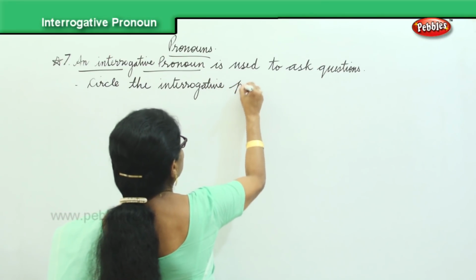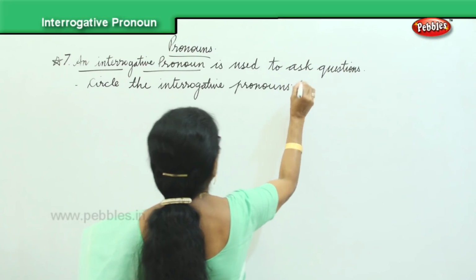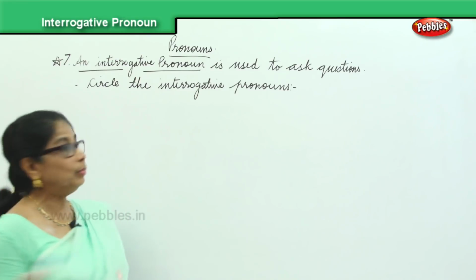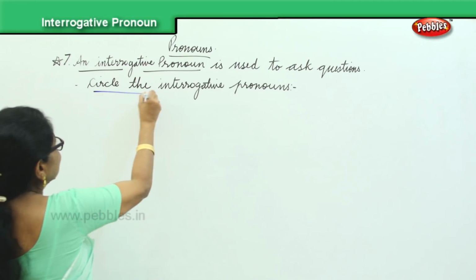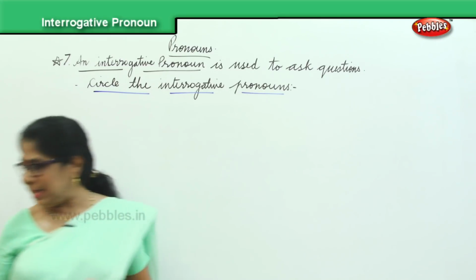That's what we are going to do. We have to identify and we will circle the interrogative pronoun in these sentences.